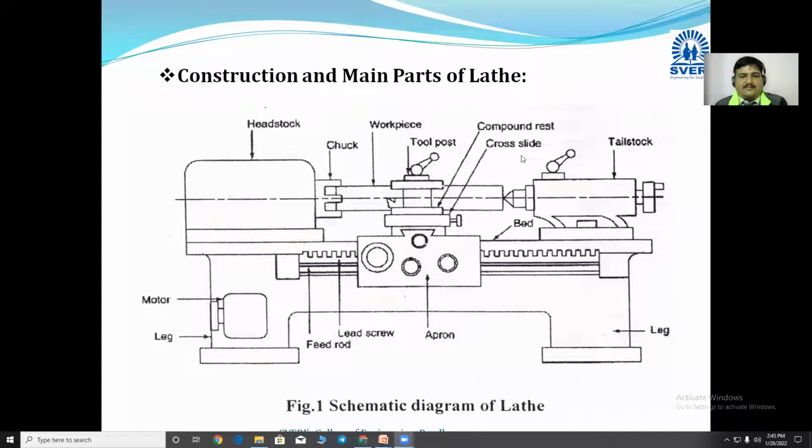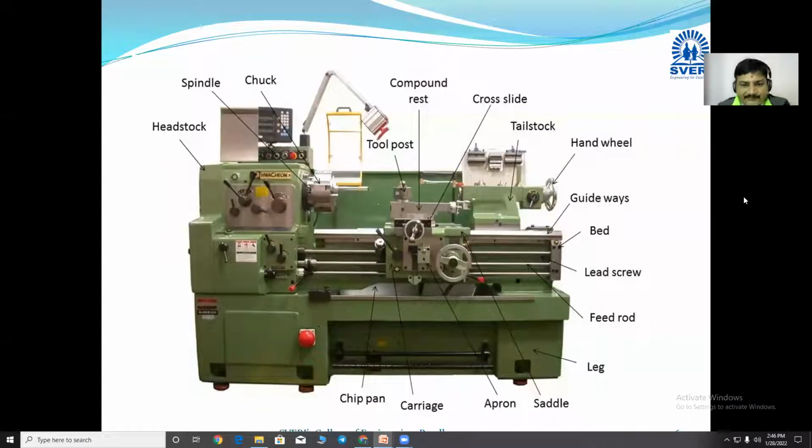This is the block diagram of the lathe machine. Okay, so it is the block diagram of the lathe machine where we can see many parts of this lathe machine. We can see from the base to its top all the important machine parts in the form of the block. Okay, an original lathe machine looks like this.